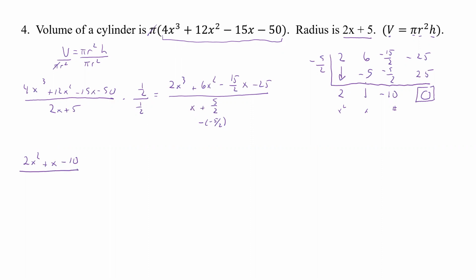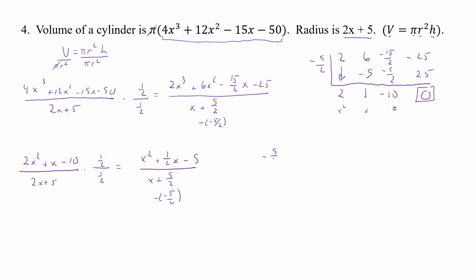And now we have to divide by that radius again, 2x plus 5. So again, we're going to have to multiply by 1/2 over 1/2. And so that's going to give us x squared plus 1/2 x minus 5, over x plus 5 halves. And again, that's going to be minus a minus 5 halves. Okay.